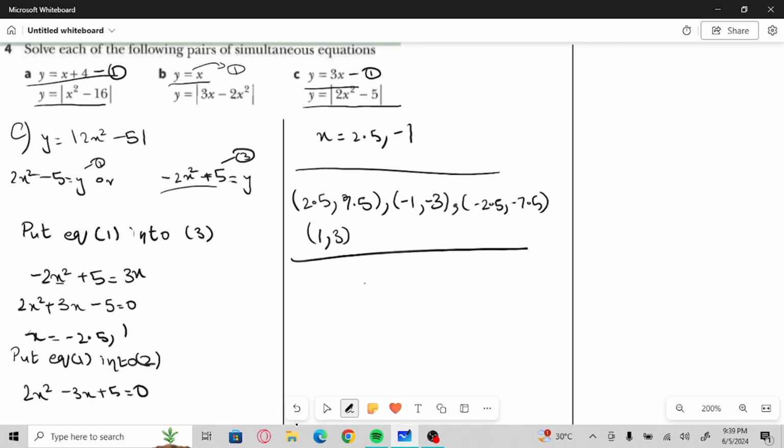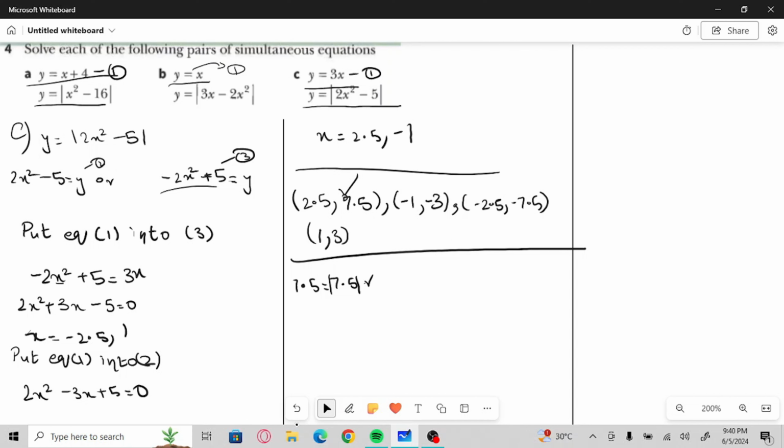Now we have to check which of these values are incorrect and which are correct. So 7.5, is it equal to 2.5 squared multiplied by 2 minus 5? Yeah, it's equal to 7.5 in a modulus. So the first one is correct.